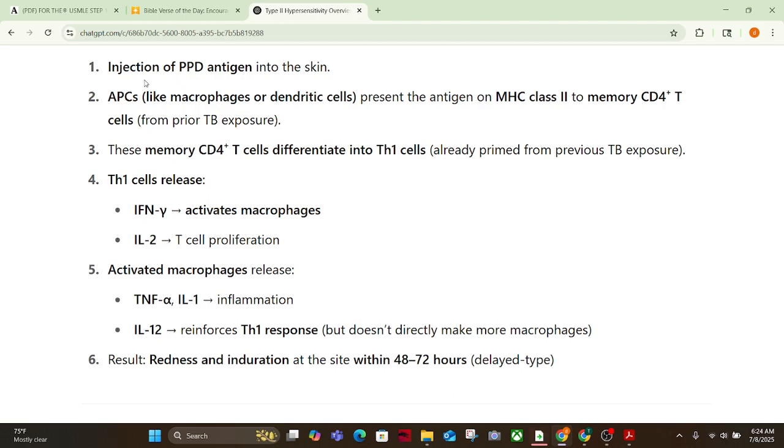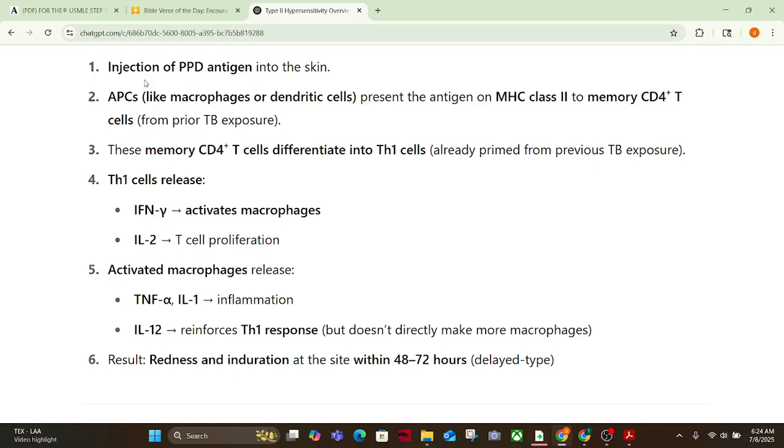Because of all this inflammation, you have the redness within 48 to 72 hours. So it takes 48 to 72 hours for this entire process from step 1 to step 5 to happen. That's why it's a delayed response, and that's why this is type 4 hypersensitivity.